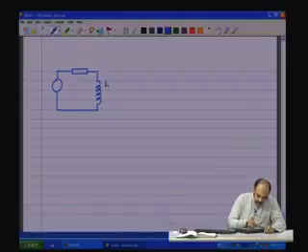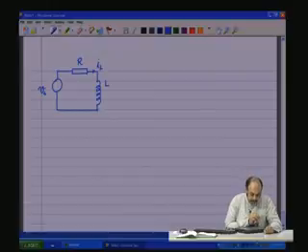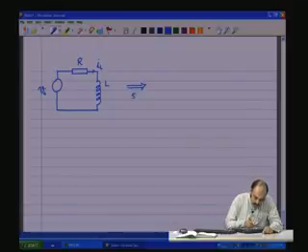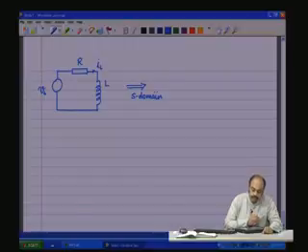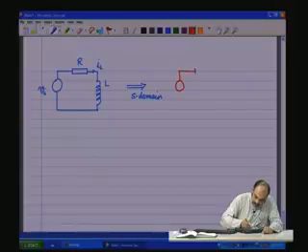So, we have an inductance L, a resistance R, we have a Vi, and then there is a state variable IL, which is here. Now, if this has to be shifted to the S domain or the Laplace domain, we will now have the circuit topologically very similar to what was there in the time domain.